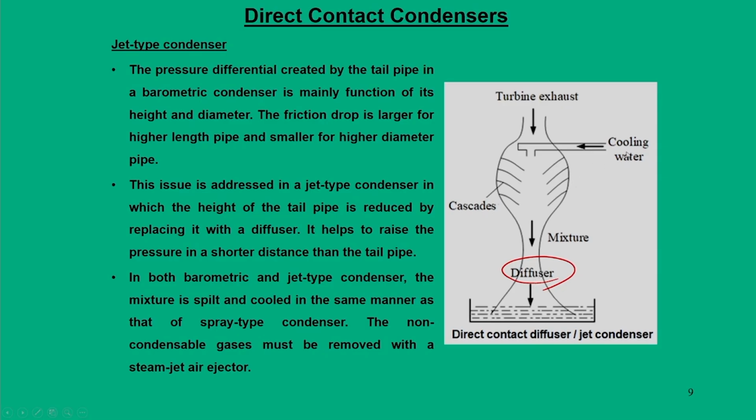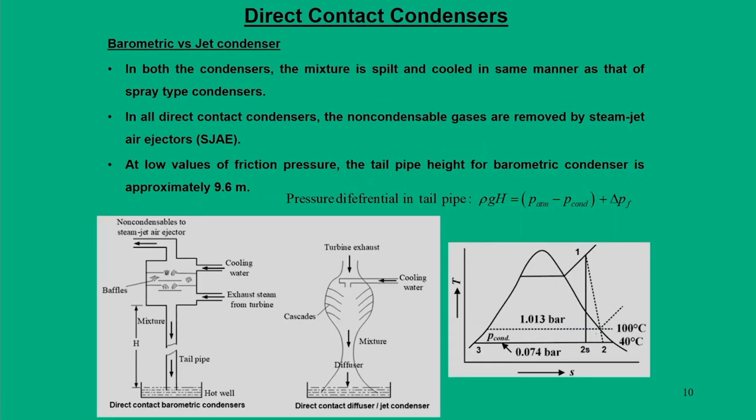So, here also the cooling water and turbine exhaust are allowed to mix, in a cascade arrangement, so that proper mixing is possible. We require various cascades to enhance the heat transfer from the turbine exhaust to the cooling water. Here also there are provisions that we must use the steam jet air ejector to remove the unwanted non-condensable gases.